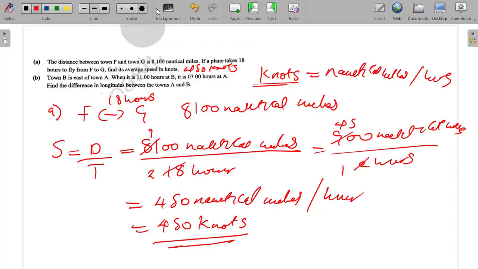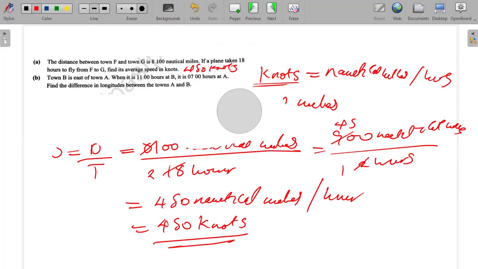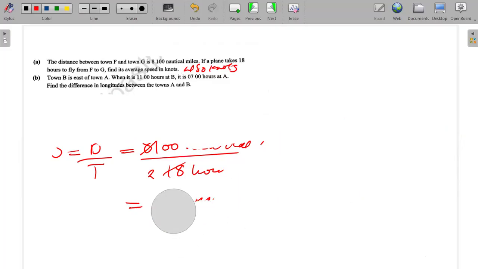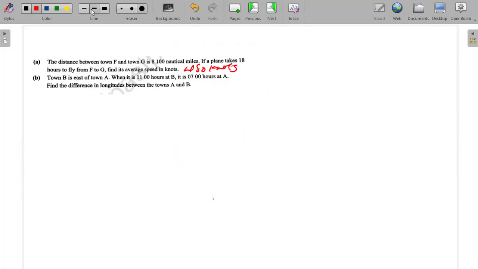Okay, so let's move to the next part, which is part B, sorry. Okay, so we have part B there, which is saying town B is east of town A. So it means that town A is on the west, and then you have town B after, isn't it? Okay, so these are different longitudes, right?